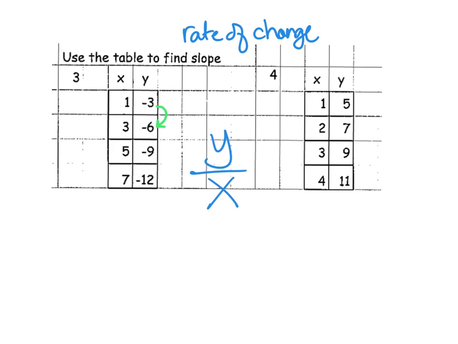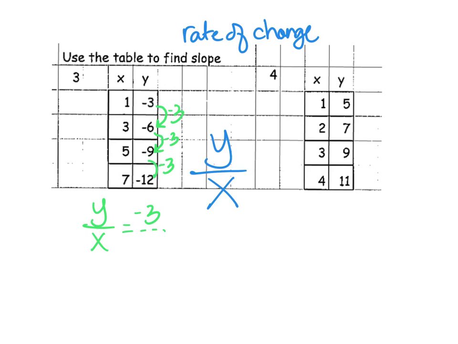What did I do? I subtracted 3. How does negative 6 become negative 9? You subtract 3. How does negative 9 become negative 12? You subtract 3. My y changes because I'm subtracting 3.